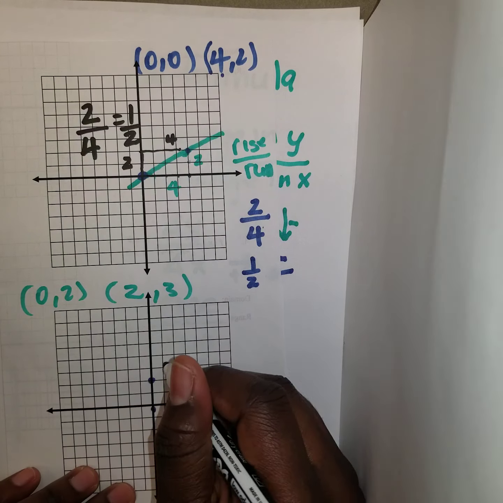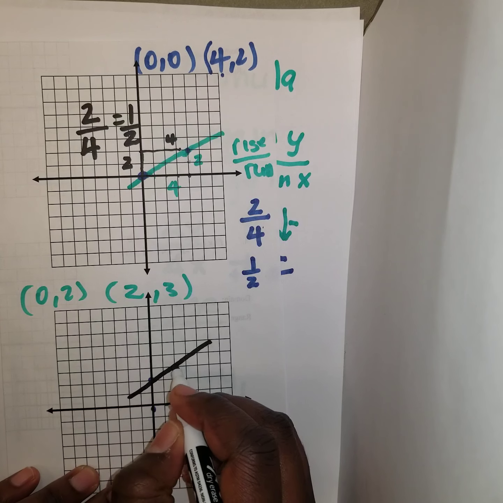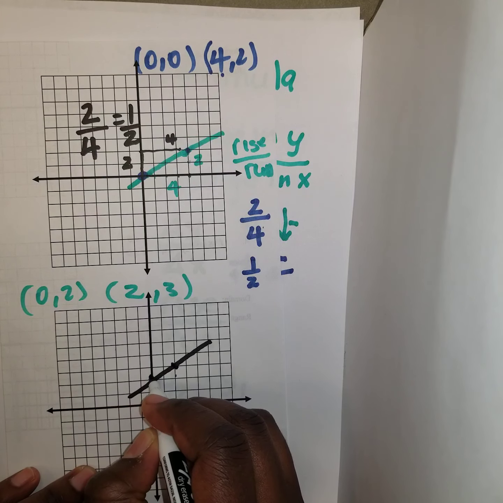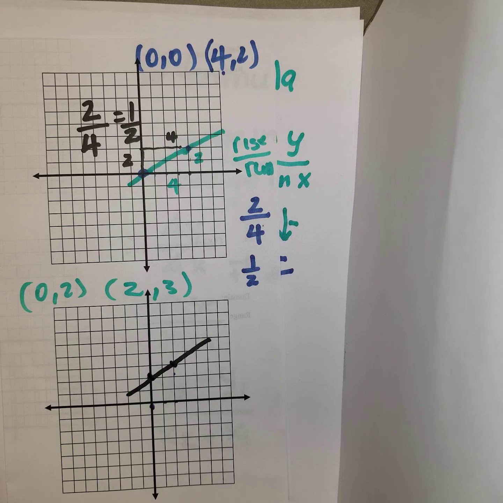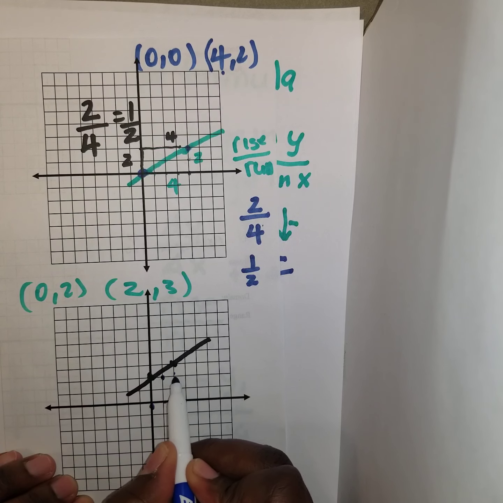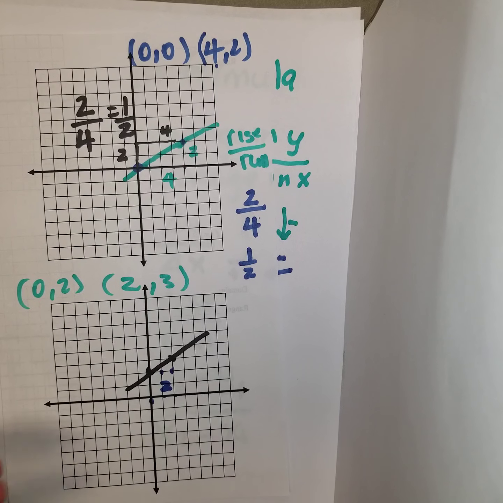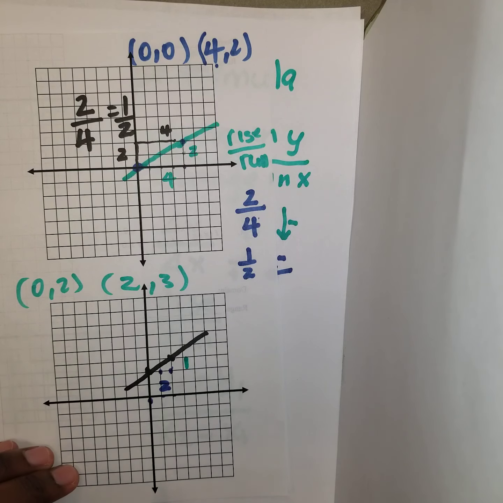All right. So this is my point right here and right here. So we're going to be drawing the triangle below the line this time. So below this line, I'm going to have 1, 2 for my horizontal movement, and for my vertical movement, I'm going to have 1.